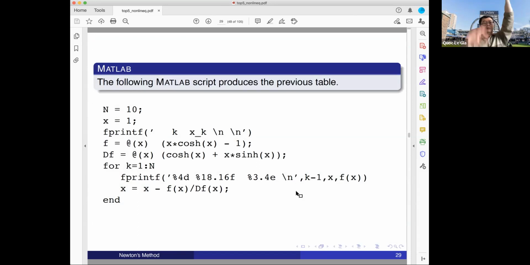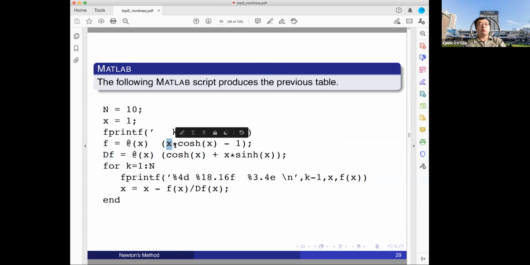And now you can implement the Newton method in MATLAB like this. You define the function f as an anonymous function, x hyperbolic cosine x minus 1, and then you define the derivative as an anonymous function as well. This one you do by hand, applying the product rule.